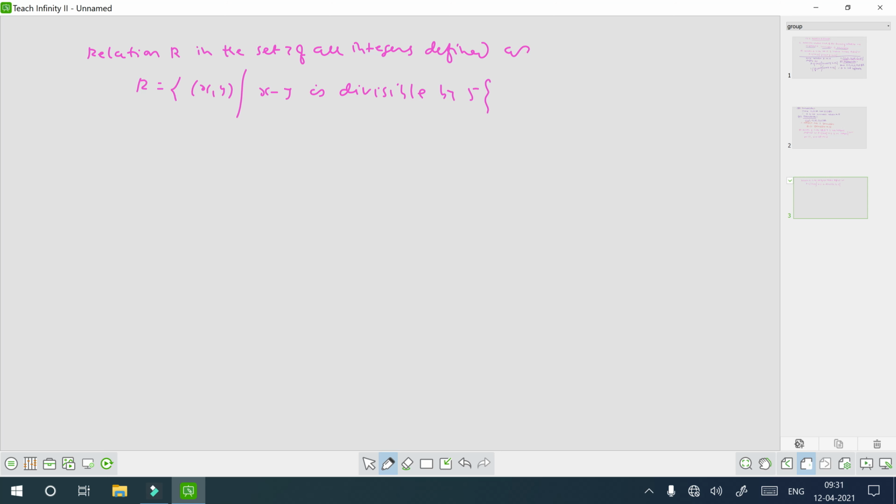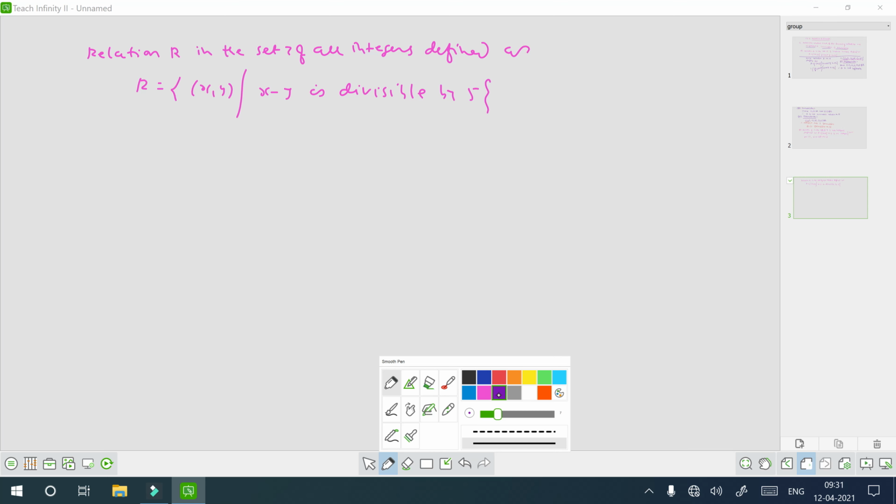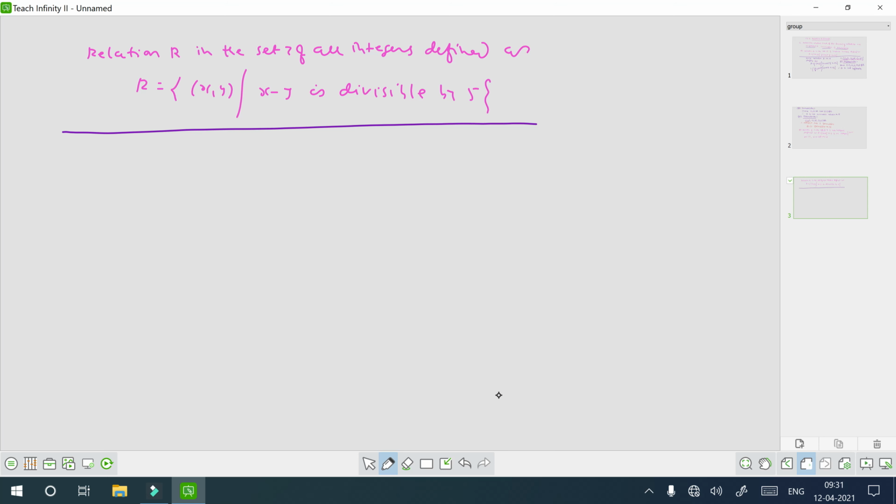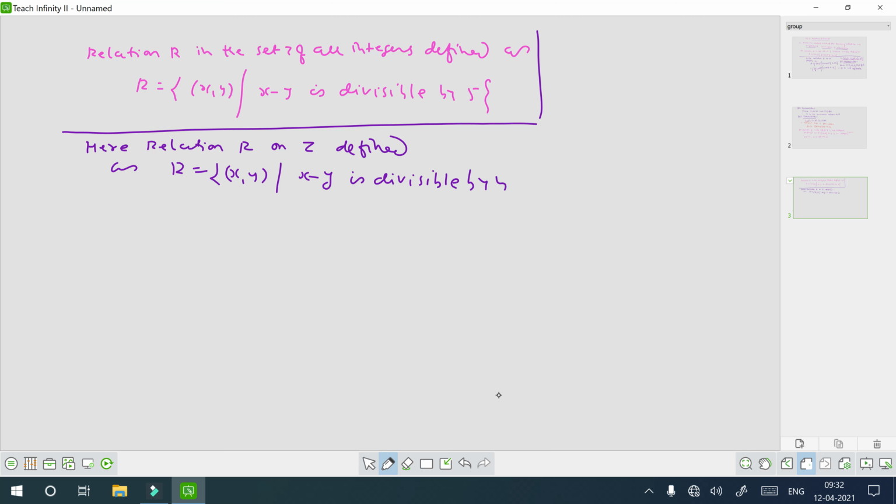Likewise. Now here we are going to check whether the relation is reflexive, symmetric or transitive, yes or no. That thing we have to check. Here, see, in the examination board exam we have to write in this way. Relation R on Z defined as R is equal to the ordered pair (x, y), x minus y is divisible by 5.